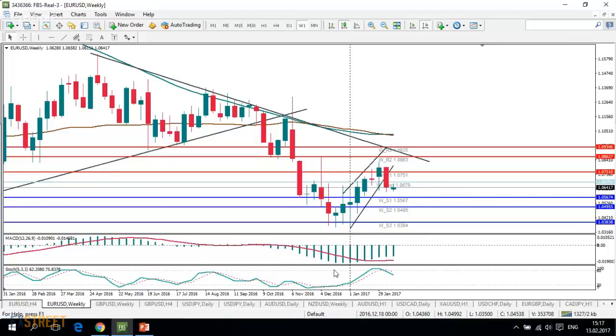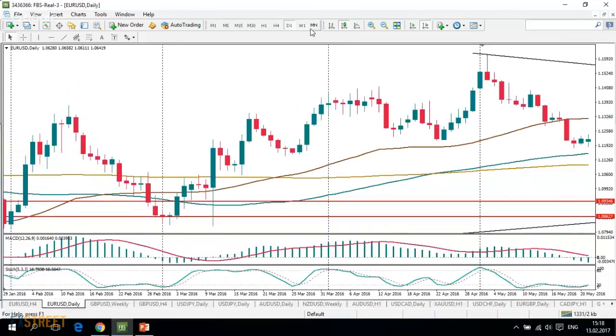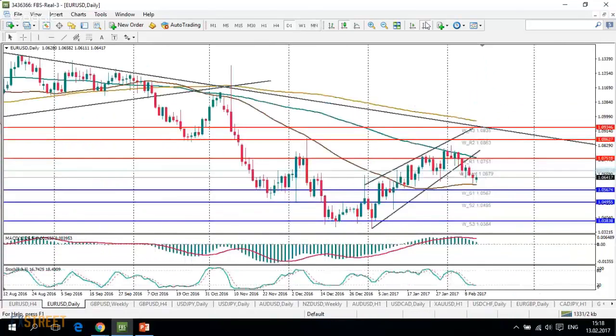105 is surely a psychologically important level for the single currency, and this level has already acted as important support and resistance level before that. We can see that here around 105 is the minimum level of the 5th of December, and late November minimums are also not far from this level.